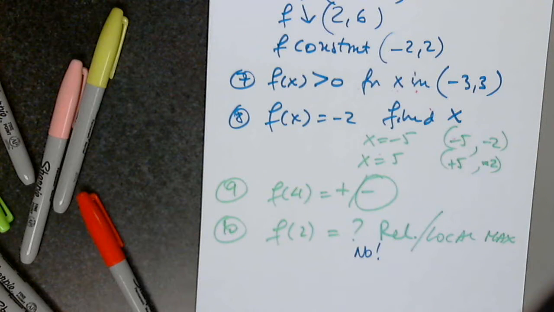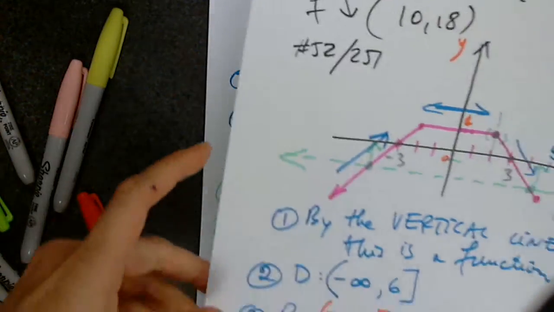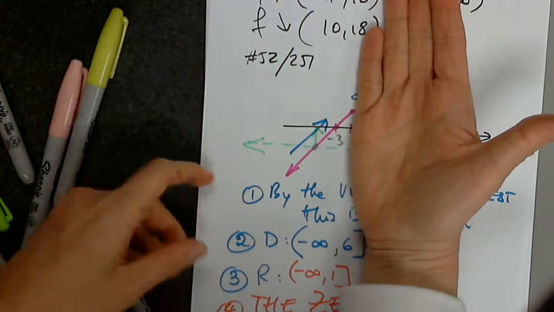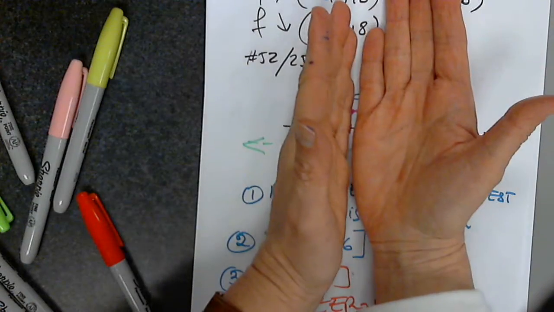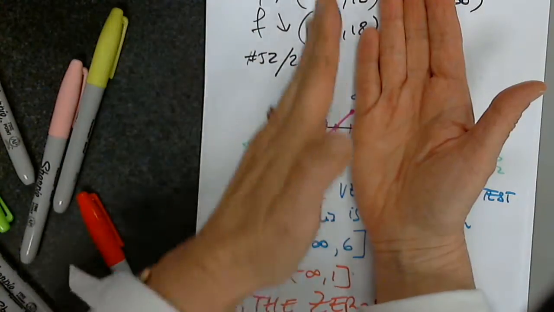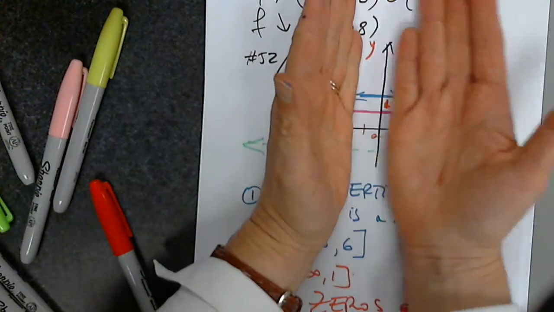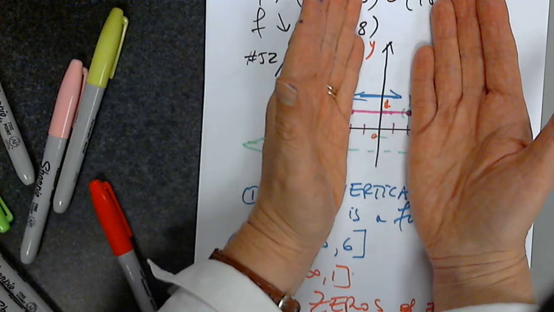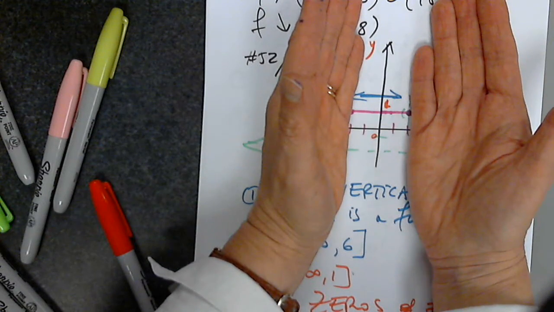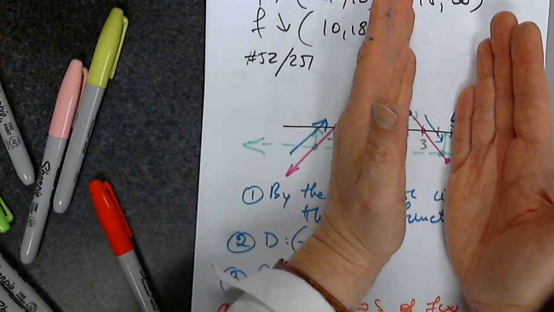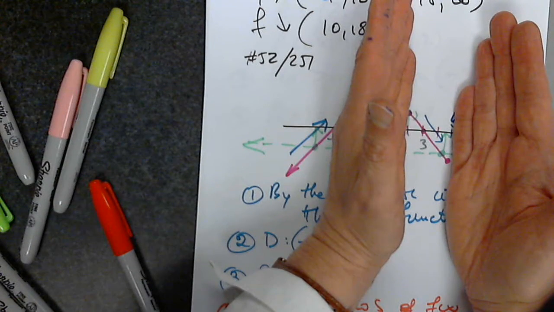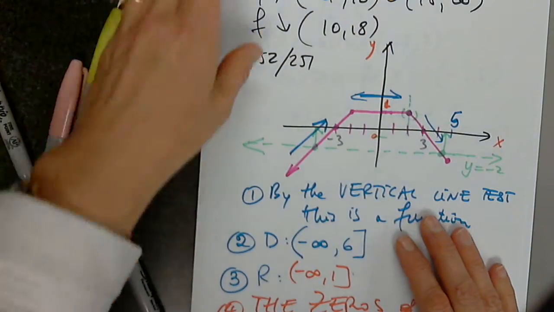Any questions for me? Can you go one more time over the function increasing, then constant and decreasing? Yes. So the function is increasing for x values between negative infinity and negative 2. So for any x value between negative infinity and negative 2, the function is increasing. For x values between negative 2 and 2, the function is constant. And between 2 and 6, the function is decreasing. Better? Perfect.